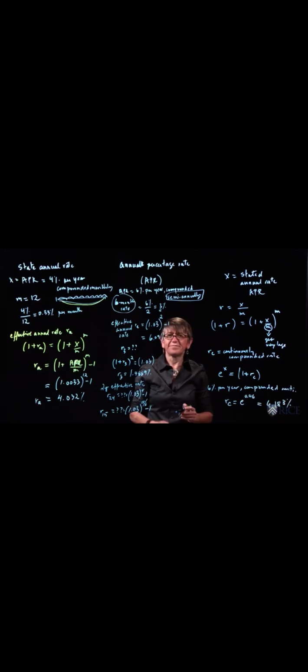Oops, I have a little typo here. The continuously compounded rate should be equal to e to the 0.06 minus 1, which is equal to 6.183%. So if you got that, good for you.